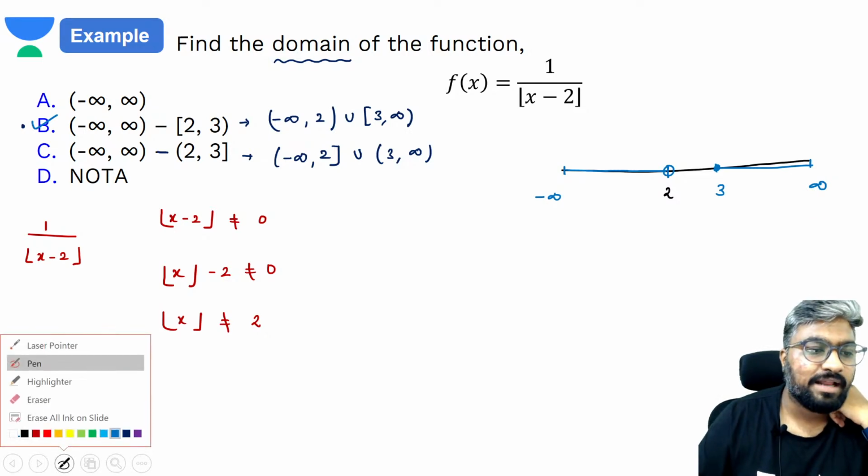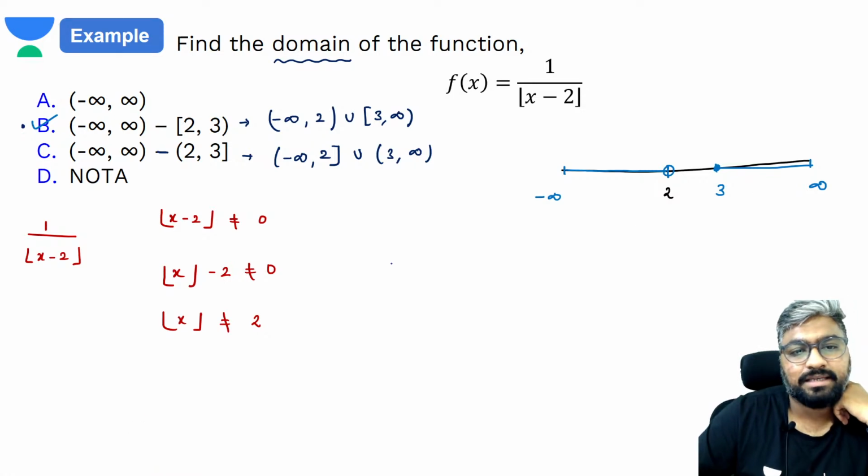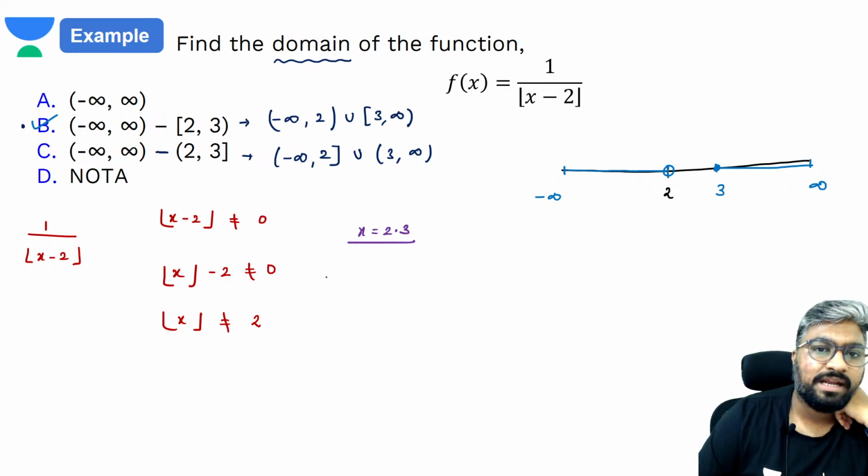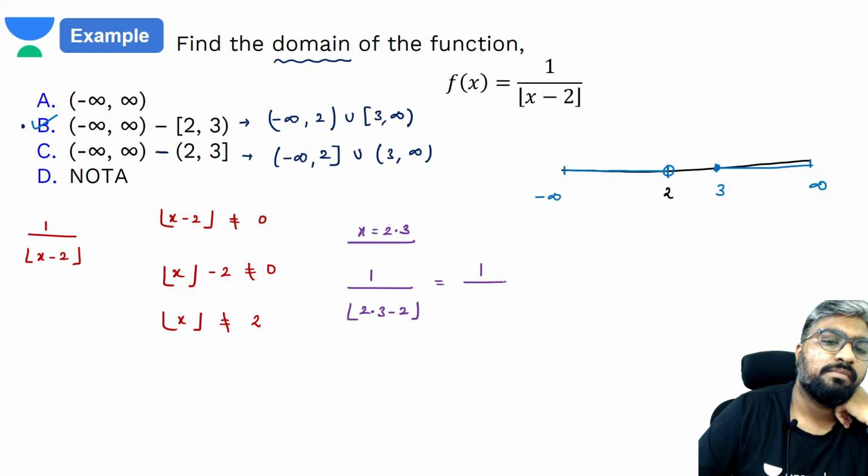क्योंकि अगर x का वैल्यू अपना कहीं पर भी बीच में हुआ, लेट्स से इफ x is 2.3, what would we end up getting? 1 by greatest integer function of 2.3 minus 2, which is what? 1 by greatest integer function of 0.3, which is what? 1 by 0, not defined.